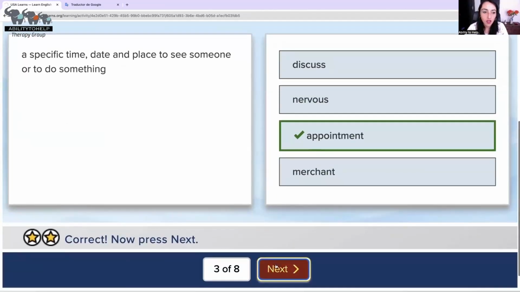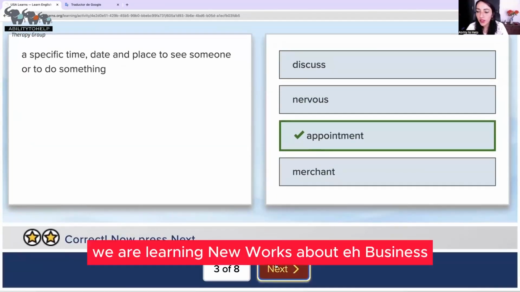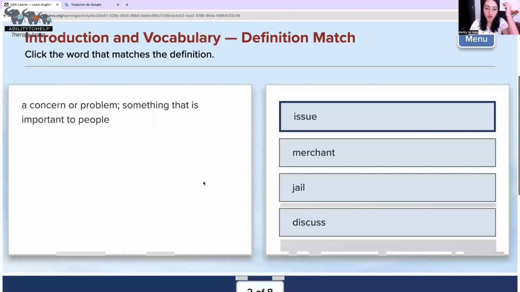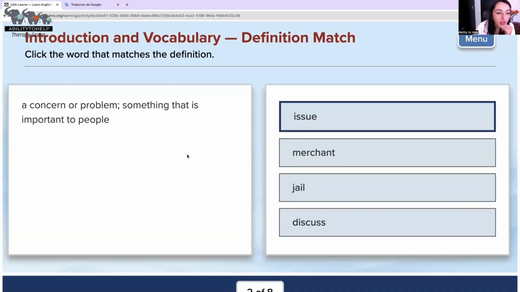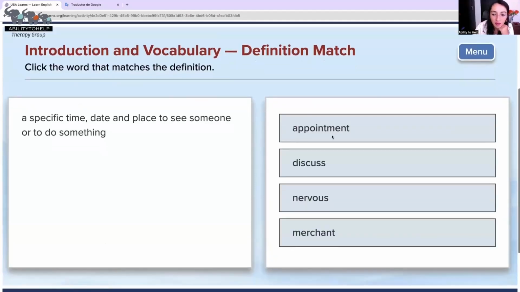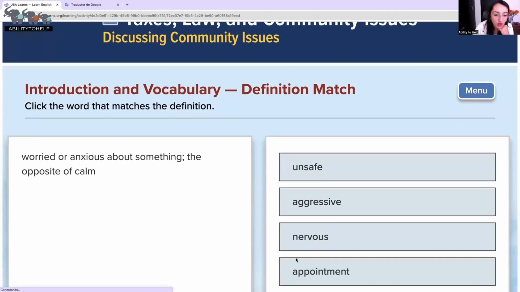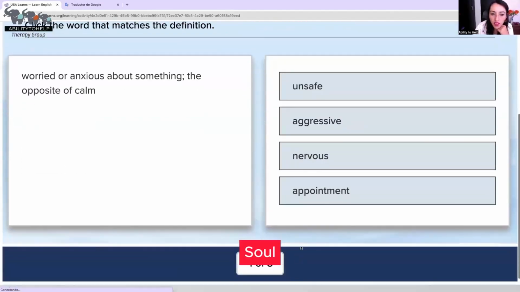We are learning new words about business, merchant. Nervous, discuss, appointment. Worried or anxious about something. So, this is nervous.